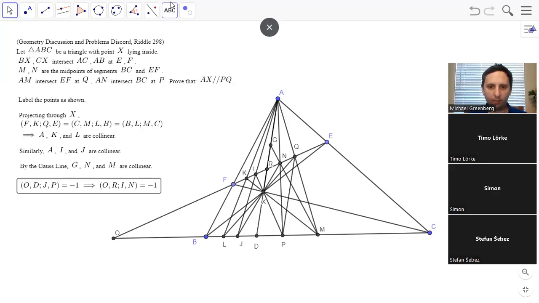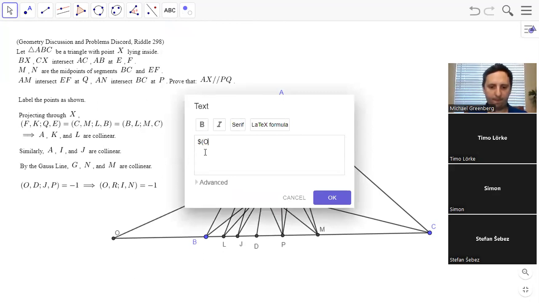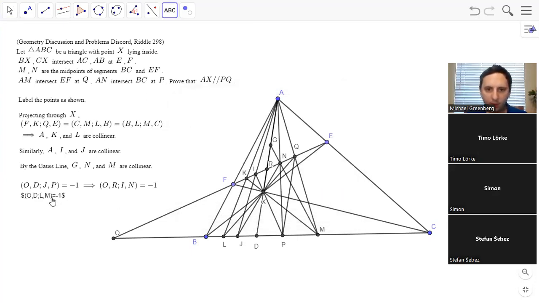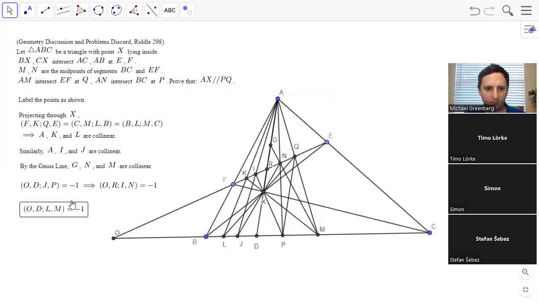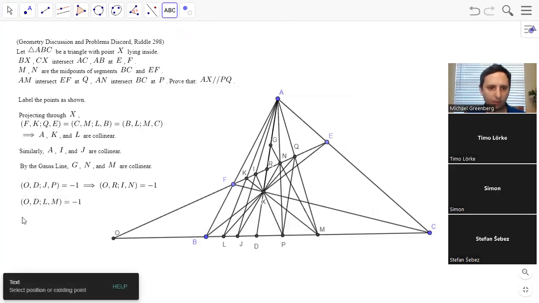So OLMB is harmonic. ODLM is harmonic. And then if we project these last two through G, then we get G, I, and L are collinear.